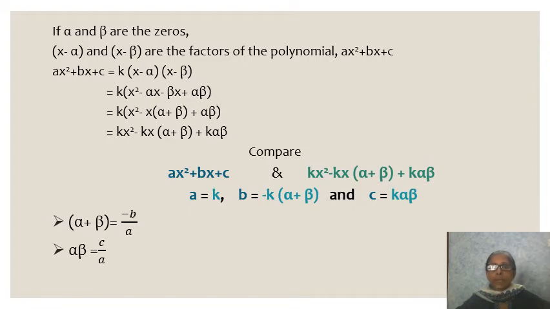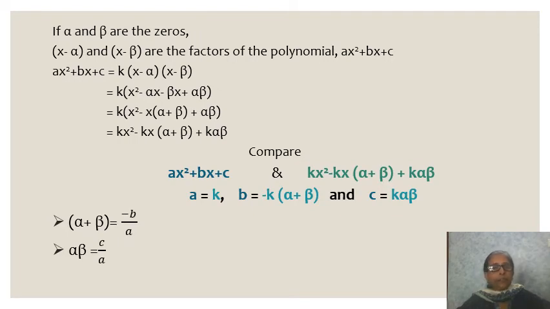It will be c by k. K is a. So, you can substitute for k as a and you will get alpha beta is equal to c by a. So, if alpha and beta are the zeros of the polynomial, then sum of the zeros alpha plus beta will be equal to minus b by a.